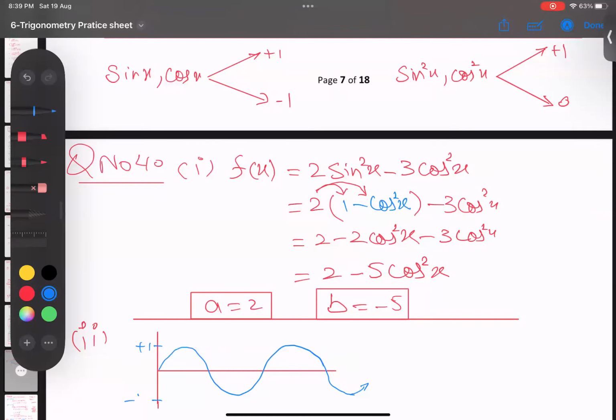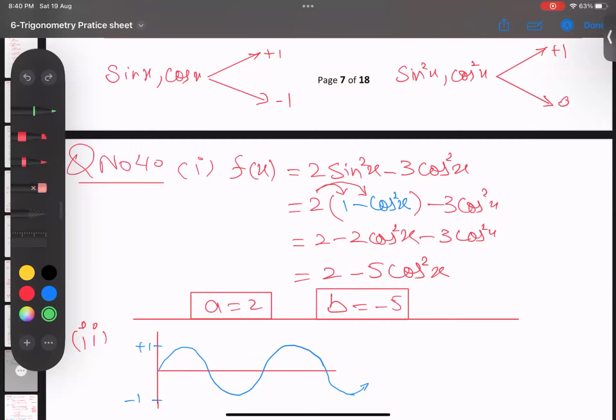That is why I wrote here the highest and lowest values for sine, and even for cos. If I make the cos graph, it starts from the top and goes like this, and continues this way forever. Again, the highest value of cos is plus 1. This green color is cos, and blue color is sine. I believe this is nothing hard. I'm showing you only the blue curve now.